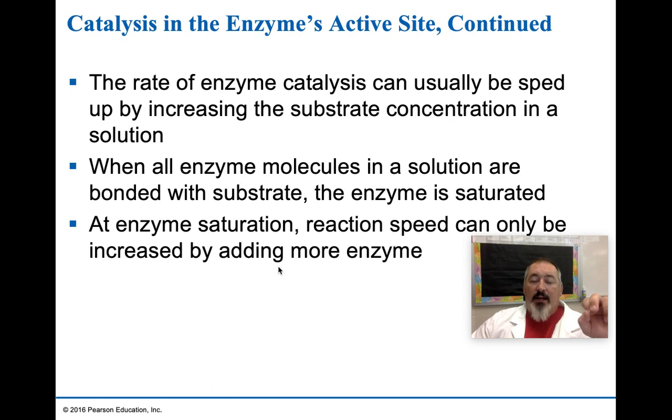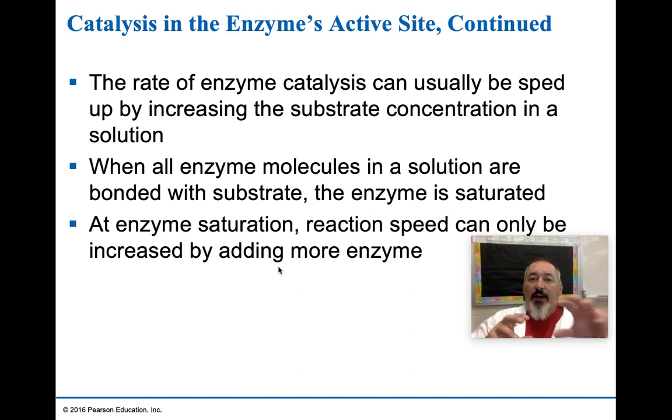So when an enzyme is bonded with a substrate, the highest rate you can have is when the enzyme is essentially saturated. Enzyme saturation means the reaction rate can only be increased by adding more enzyme. And so that's like adding more seekers in the hide and seek scenario.